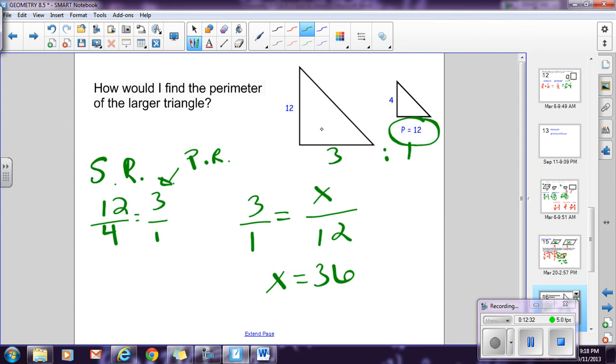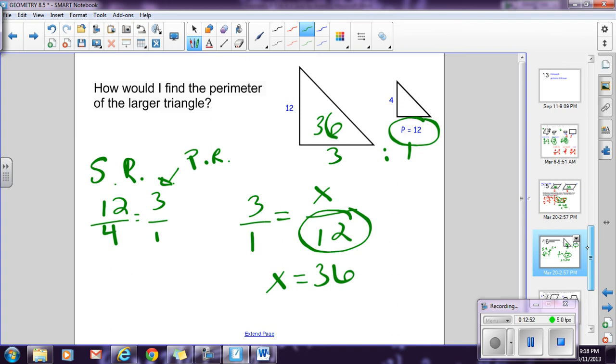So while this has a perimeter of 12, this one has a perimeter of 36. How did I do that? I set the 12 at the bottom because it's the smaller one, and I put x up top to find the perimeter of the larger. And that's it. All right, keep going.